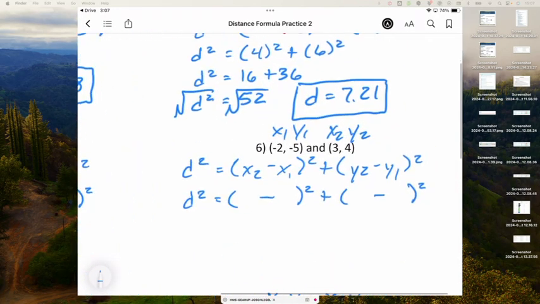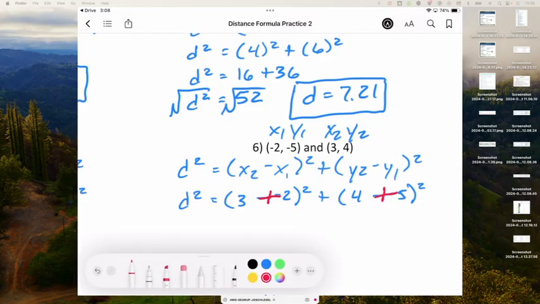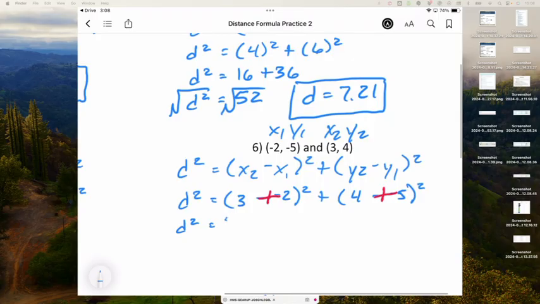Alrighty, x2 is 3, x1 is -2, y2 is 4, y1 is -5. I'll fix those signs right now. We've got d squared is equal to 3 plus 2 is 5. 4 plus 5 is 9.